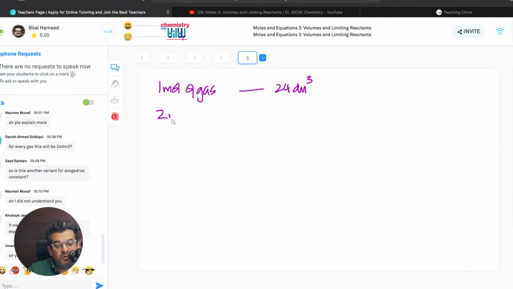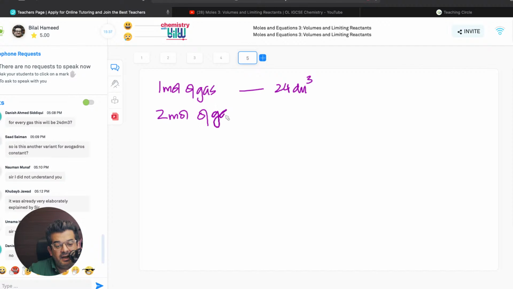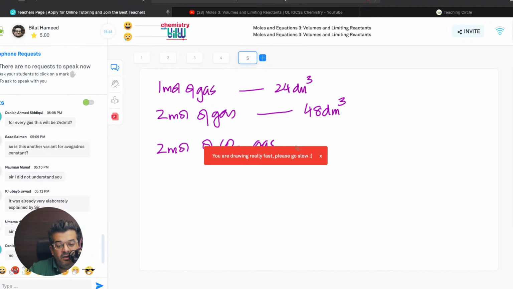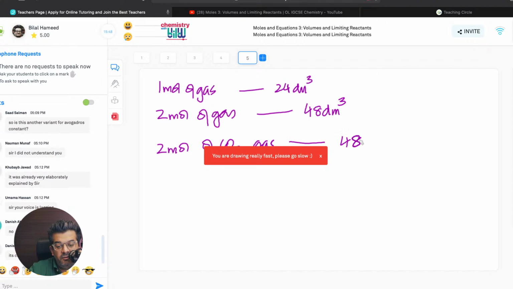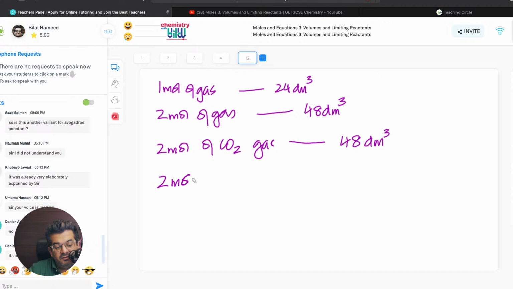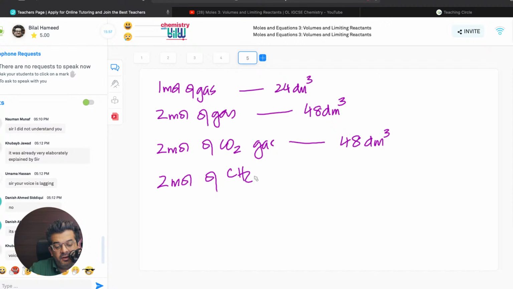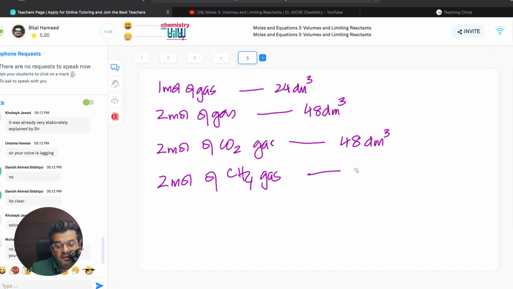If I say I have 2 moles of gas, you will say 48 dm cube. If I say I have 2 moles of carbon dioxide gas, its volume is 48 dm cube. If I say 2 moles of CH4 gas, it is 48 dm cube.